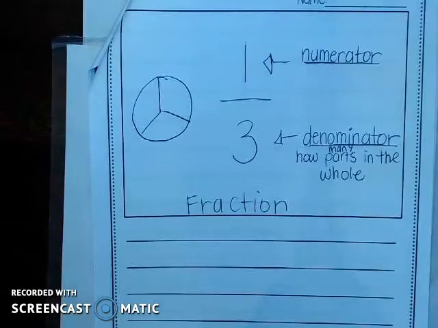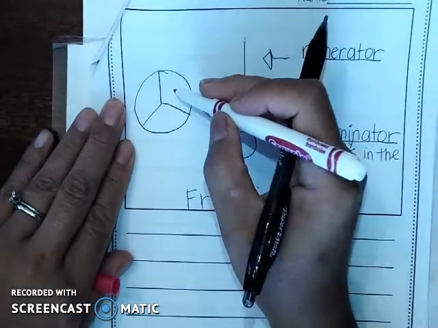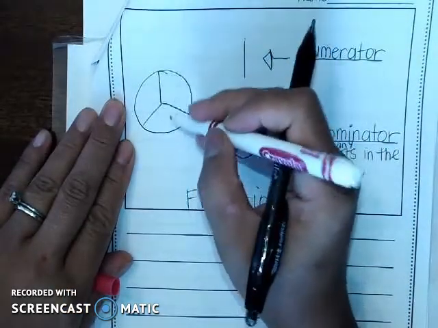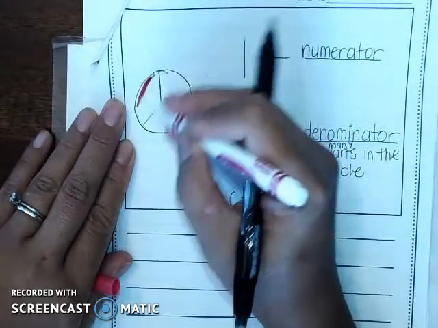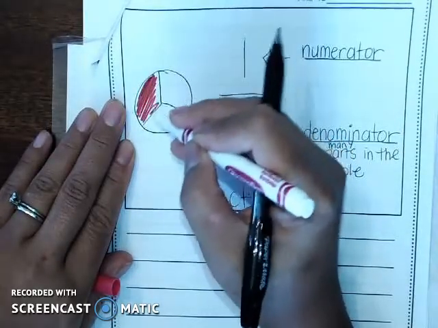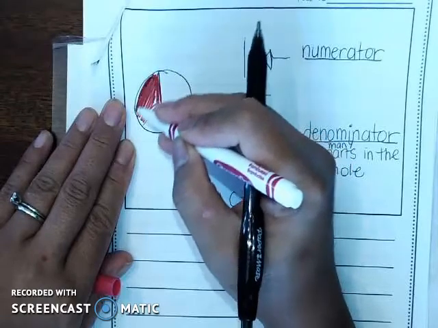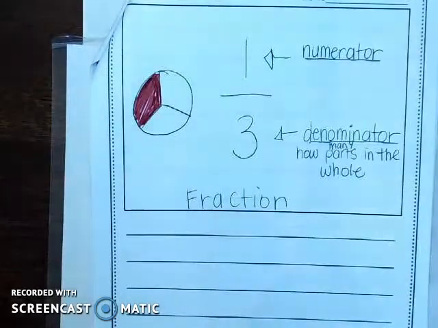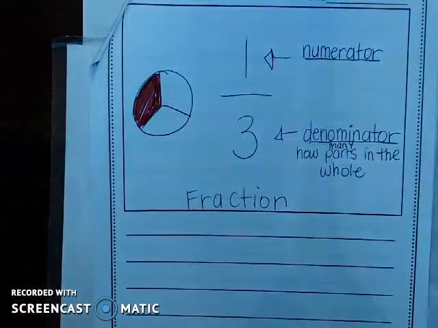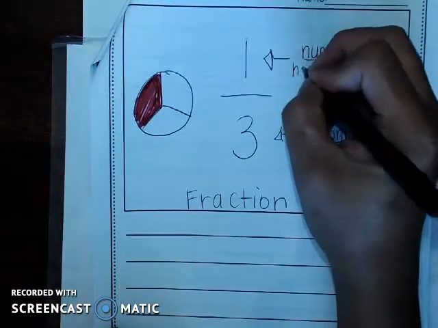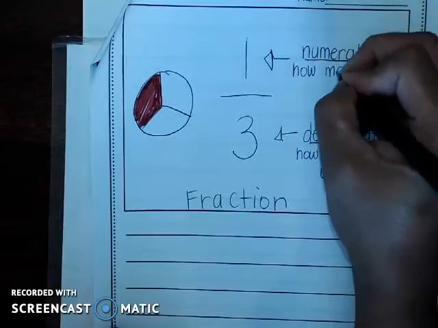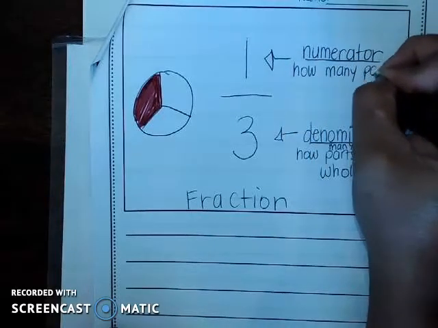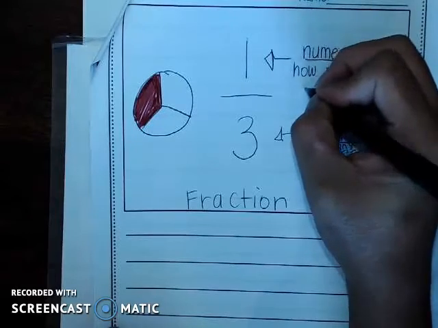So while all of them look like one thing, right, they're not all shaded, we're going to shade in one part of the whole because our fraction tells us to. So the numerator is how many parts are considered.